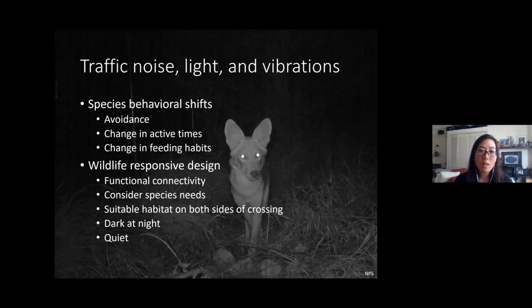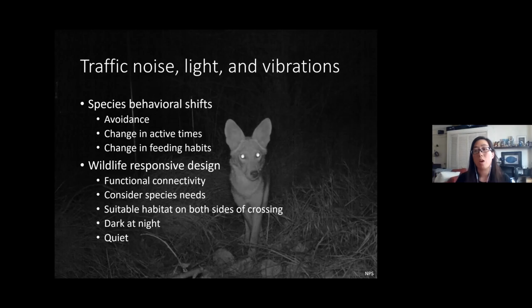And so while the crossings are really great and they really do help a lot, there is a lot that needs to go into the design and consideration when these crossings are built. It's one thing to have a physical barrier and then physical connectivity, but it's not just the physical barrier that's the issue.